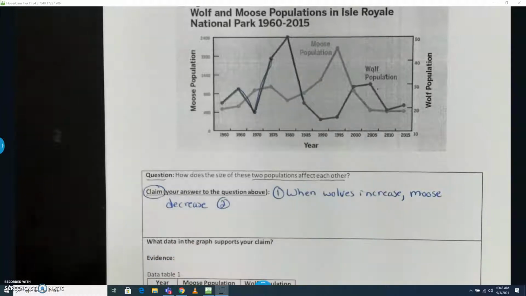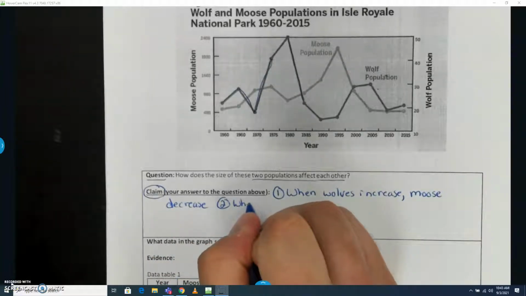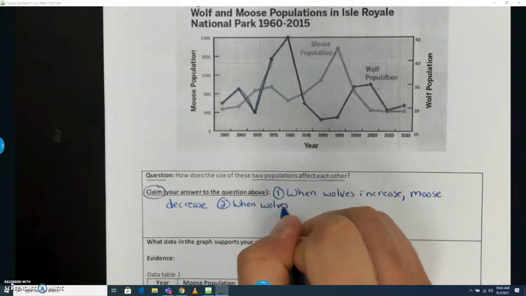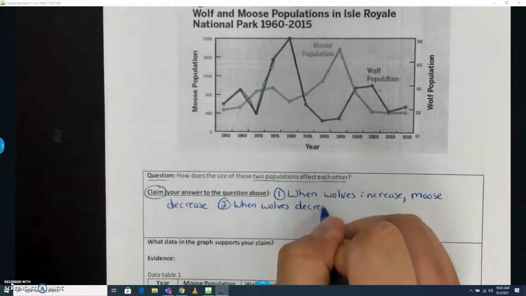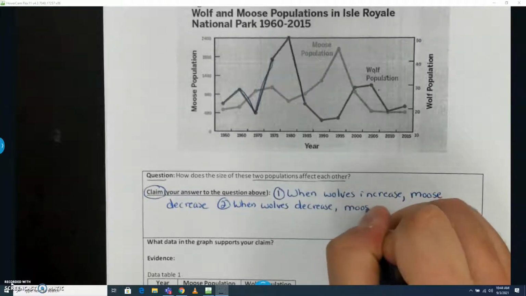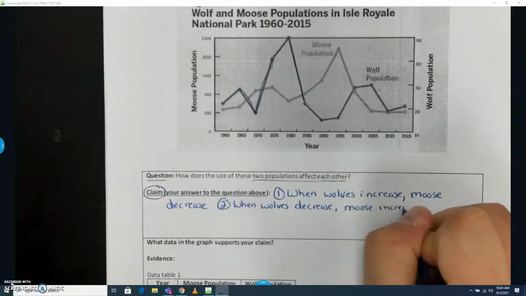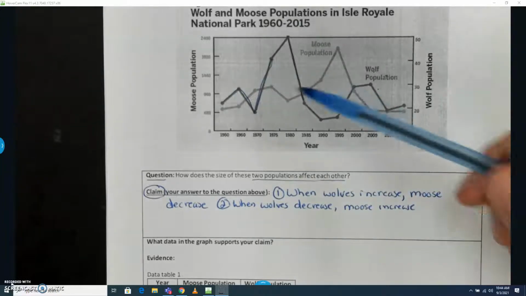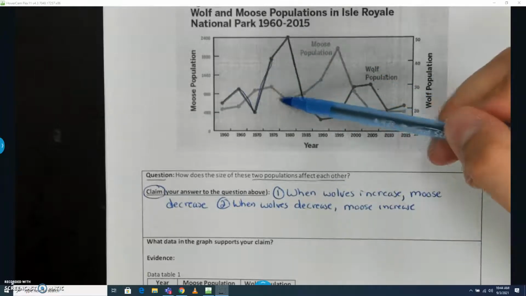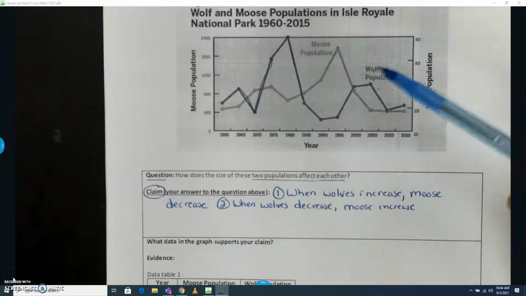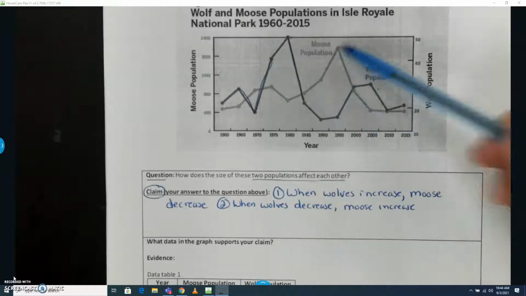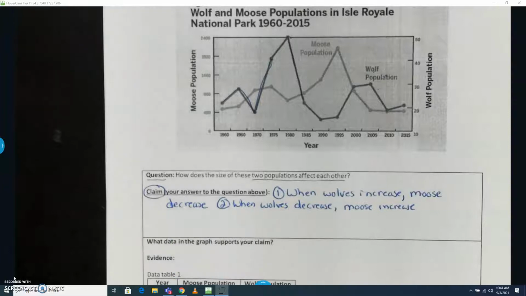And then conversely, when the wolves decrease, then the moose increase. And again, let's check that out. When the wolves increase, we see the moose decrease. And then when the wolves decrease, we see the moose increase. So we have answered that question.